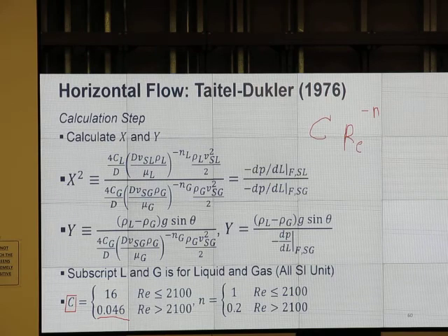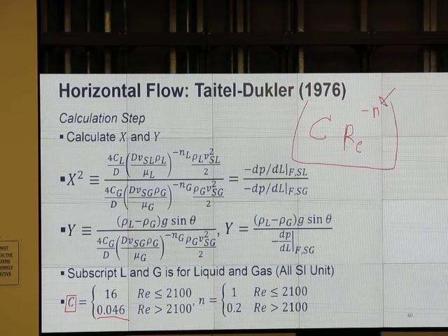So constant is 0.046 if it is turbulent flow, otherwise it's 16, right? And the exponent is 1 if it's laminar flow and 0.2 if it is turbulent flow. So this formula is the Blasius type equation for friction factor for the case of smooth pipe. Okay?